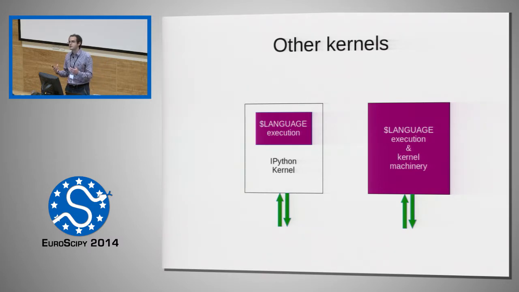So I've written a little bash kernel, which I'll demonstrate in a bit, and that works via this mechanism. So it's much quicker with this to get a kernel up and running than it is to rewrite all of the machinery. But the downside is that if you want people from that language to come and help you maintain the kernel, then it's better to have that code written in that language rather than having it in Python with a wrapper.